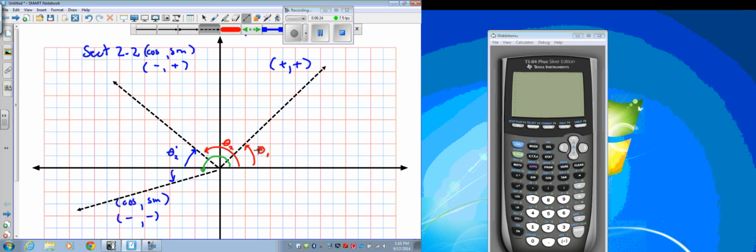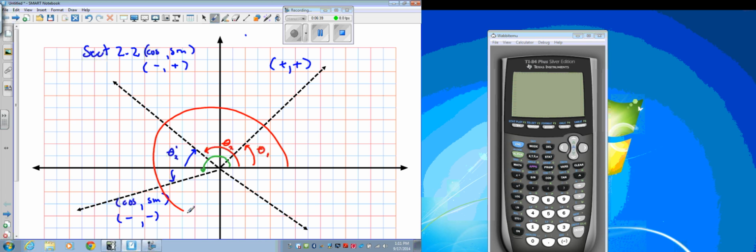Now if you have an angle down here, the angle we're dealing with is down here like this, but our reference angle is going to be here.